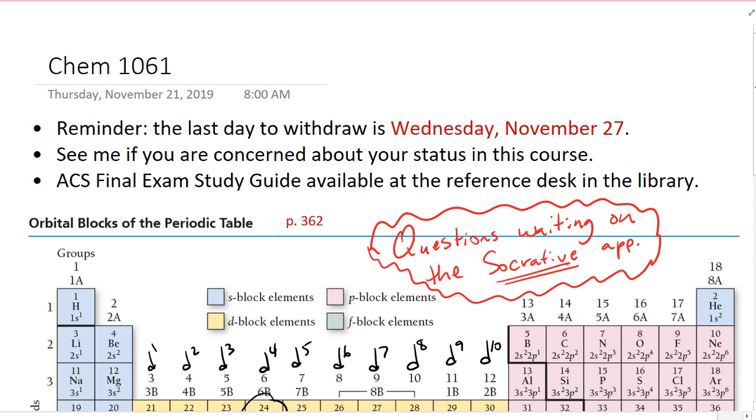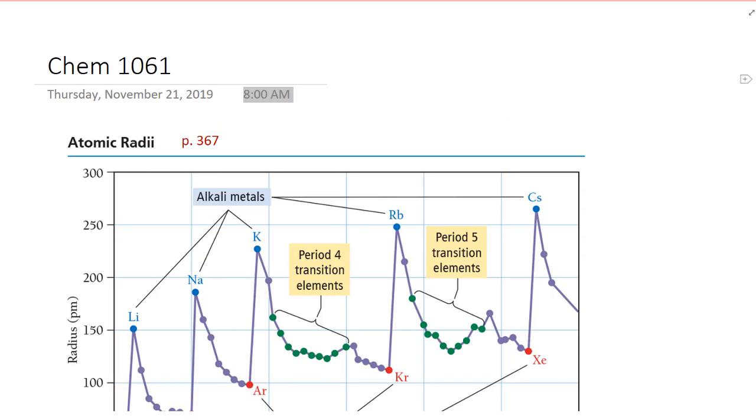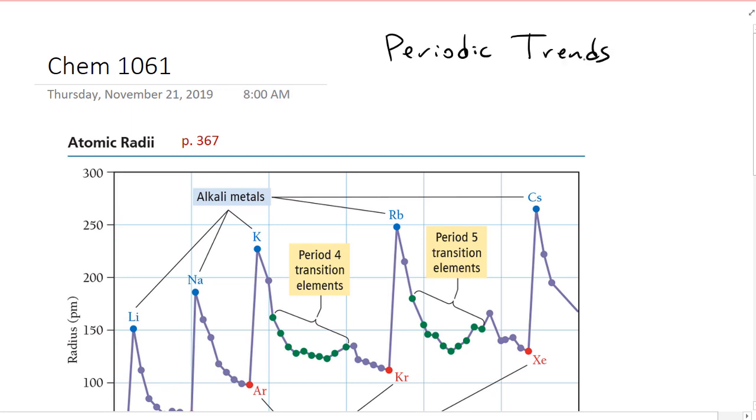Okay, so where we're headed next here today is something that we call periodic trends. It turns out that there's a number of things where there are trends in the periodic table.